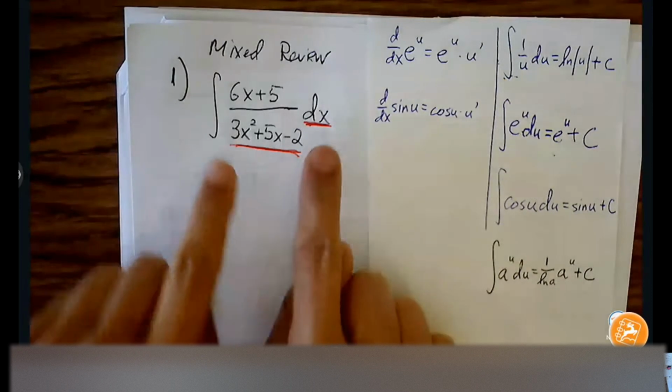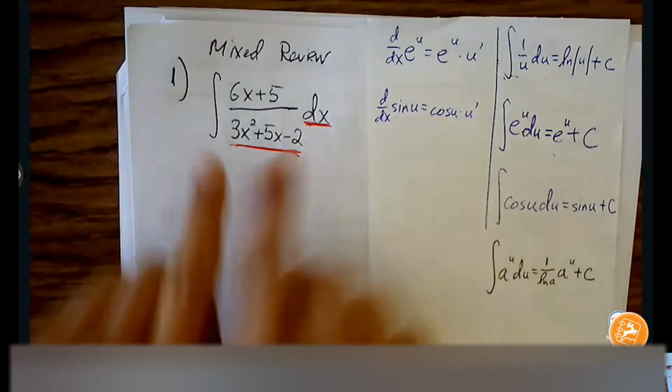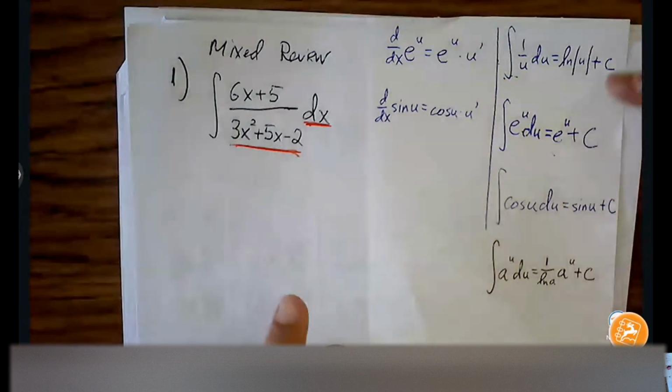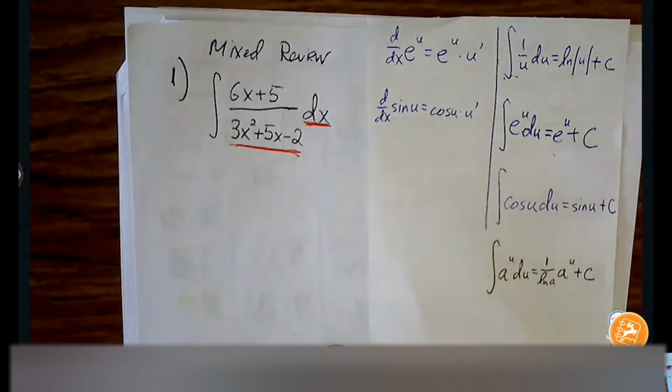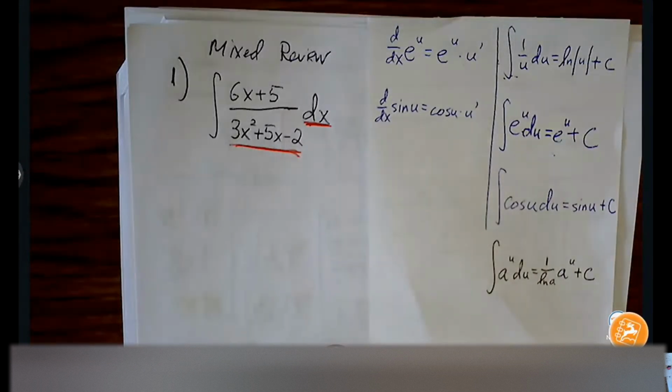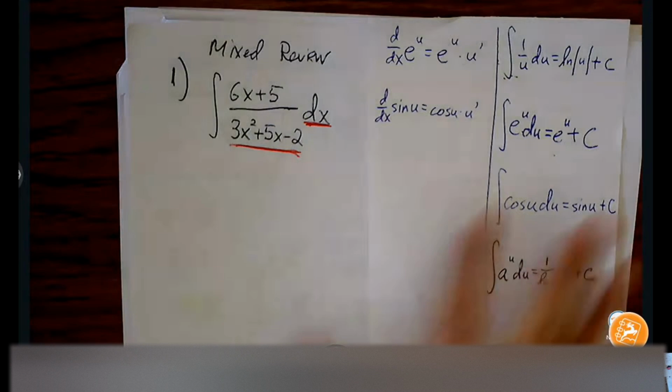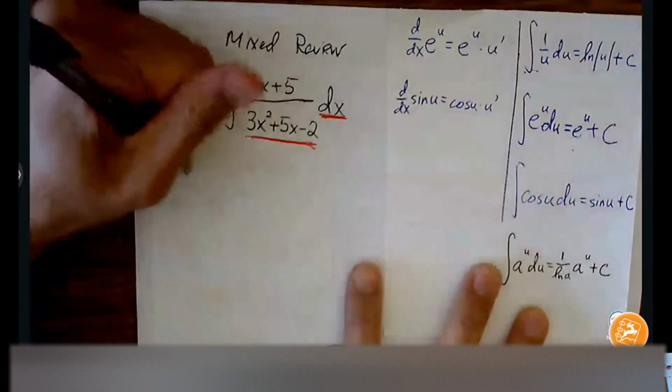You're trying to pick a u value in a way that will lead you towards one of the existing rules, right? So that ultimately is our big picture, and however way we get there can follow along different paths. But at least I can provide some general guidelines, so you can follow those guidelines, but then just understand that we may have to veer from those guidelines, and we may have some exceptions to some of those rules. All right, so we let our u value be the entire denominator.